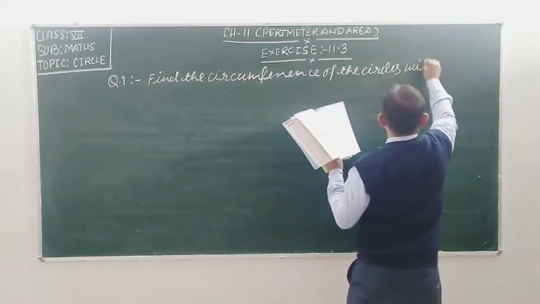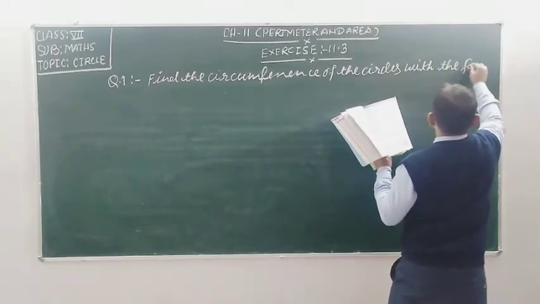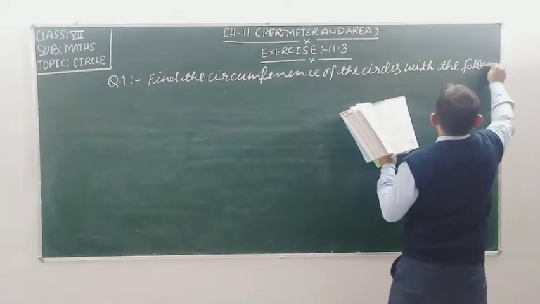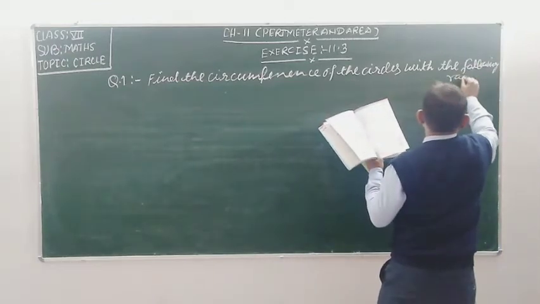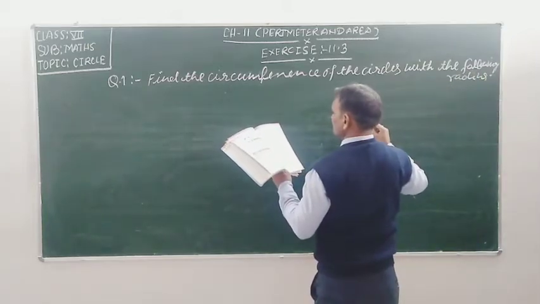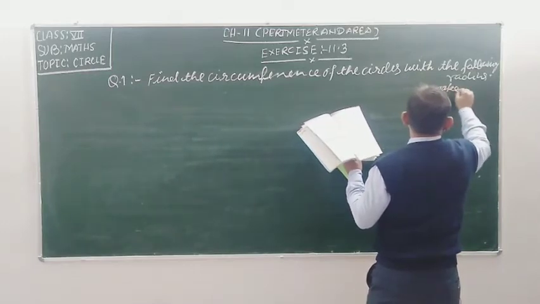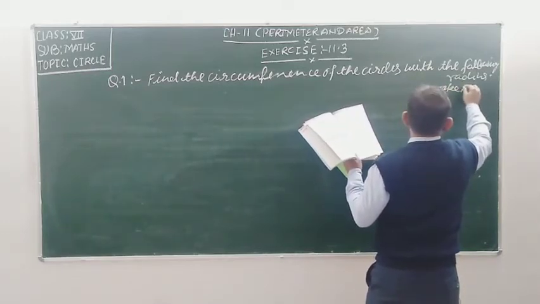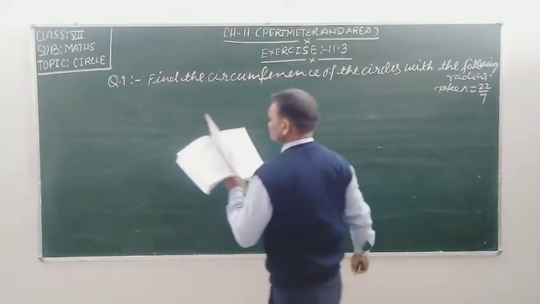And the question is saying take pi is equal to 22 upon 7.